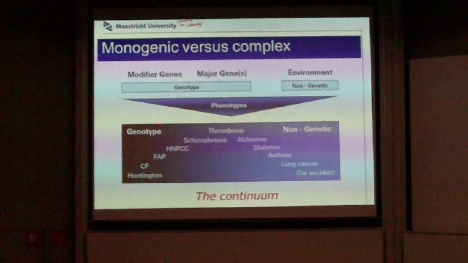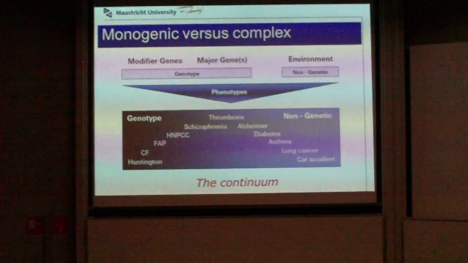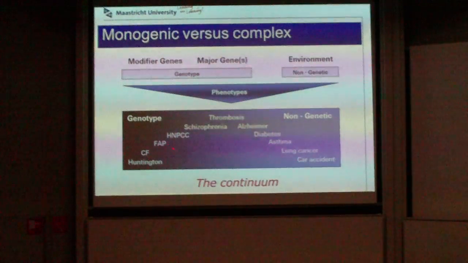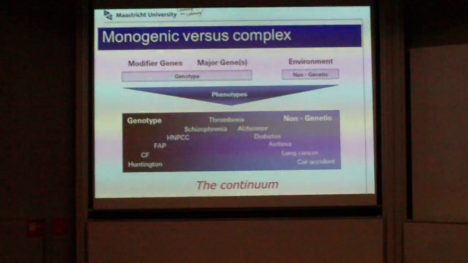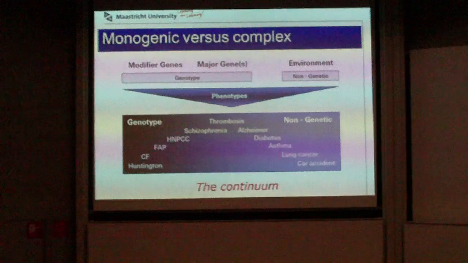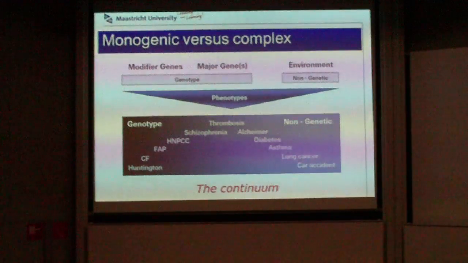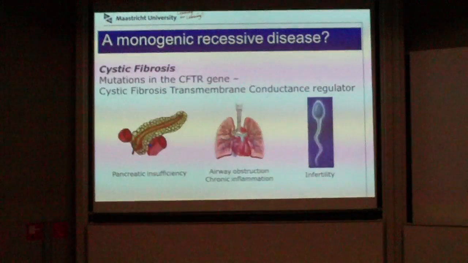And so here you see some diseases that are very strongly influenced by your genotype, like Huntington, cystic fibrosis, two colon-related diseases, hereditary non-polyposis colorectal cancer, schizophrenia, etc. And you have, of course, outcomes, particularly lung cancer, that are determined by environmental factors like what? Smoking. Now, a car accident is probably also not that much genetically related, so it's usually more complex.